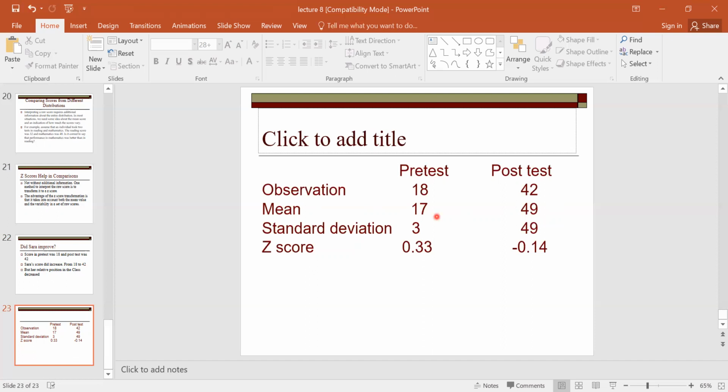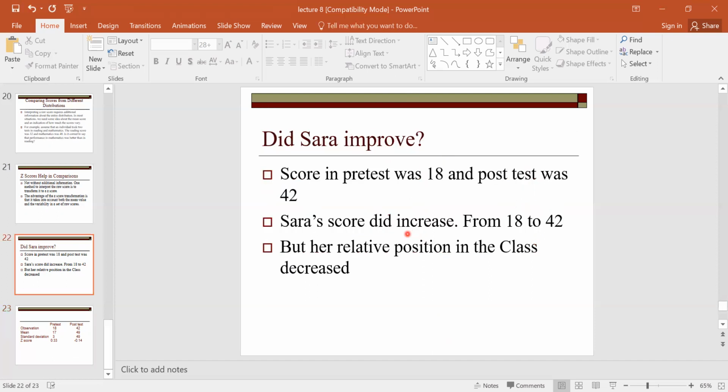So on the basis of z-score, we can compare and conclude that Sarah performs better in the pre-test as compared to the post-test. This is one advantage, or benefit, of the z distribution. On the basis of the raw score, we can only say that Sarah's score increased, but basically this score doesn't show her performance in the class, whether it improved or not.